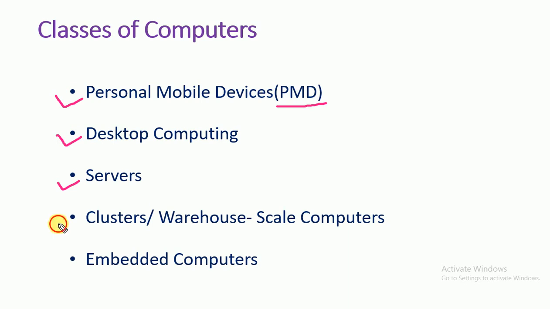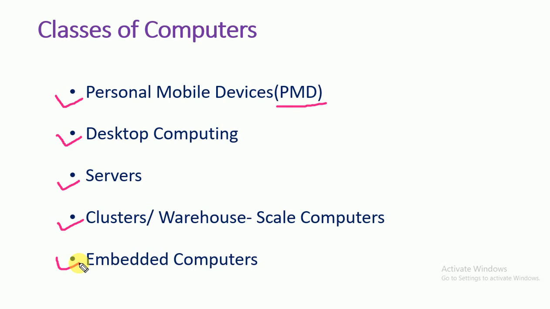Then we have one more class of computer, called cluster-based or warehouse scale computers, which is usually used for storing huge amounts of data. And the last category is embedded computers, which are usually used for specific devices.